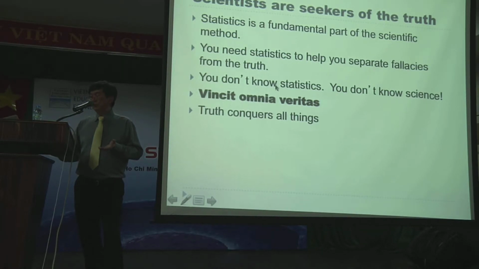And if you don't know statistics, you don't know science. You cannot be a good scientist. And this is the Latin words. I don't pretend that I know how to pronounce Latin, but anyway, truth conquers all things.